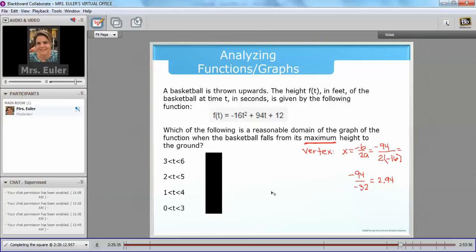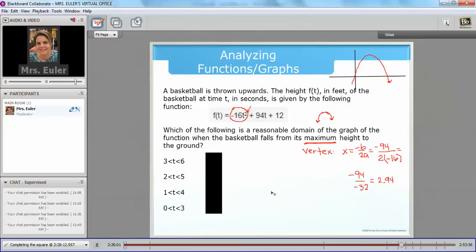And so that's where the vertex x value is going to be. Again, let's do a little visual here. Let's look at what the graph is going to look like. This negative 16 tells me that the right side of my graph is pointing down. The even degree tells me that the left side of the graph is also pointing down, so I've got a graph that looks like this again. My visual so I can see everything that's going on.